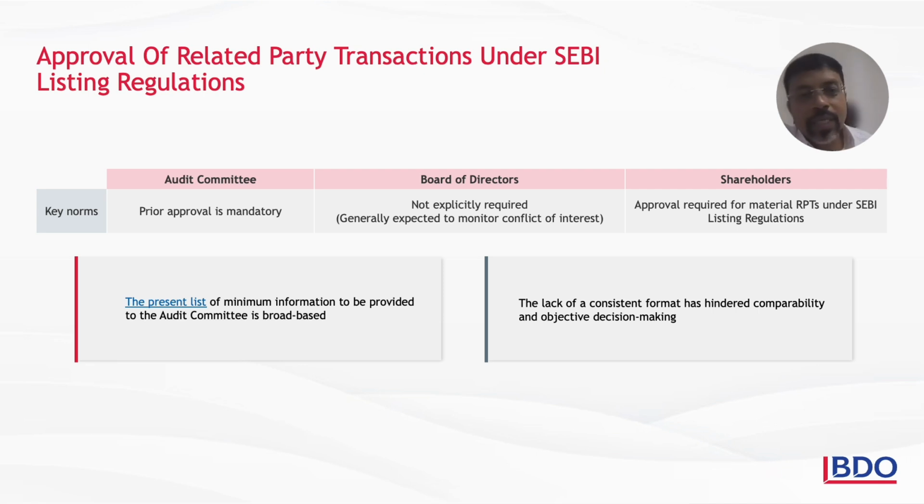If you look at the master circular issued by SEBI in November 24, the information to be placed before the audit committee for approval is broad based, and there was no format prescribed for the kind of information to be supplied to the audit committee. So probably this was hindering objective decision making.